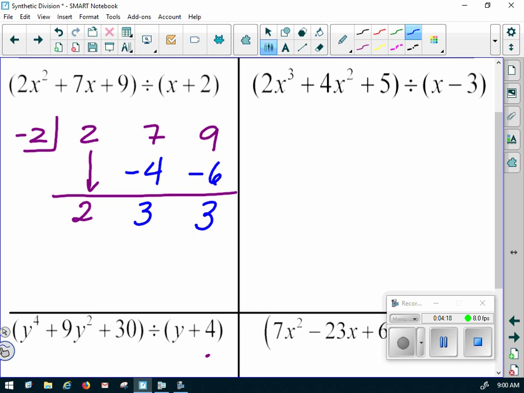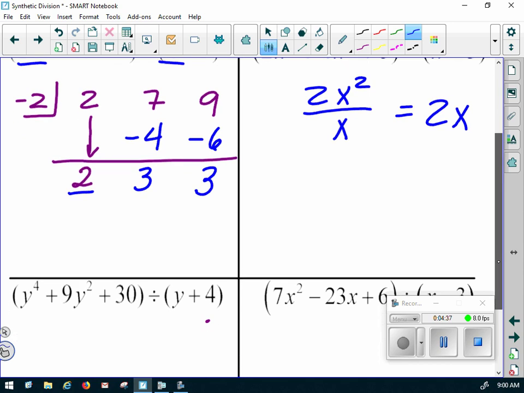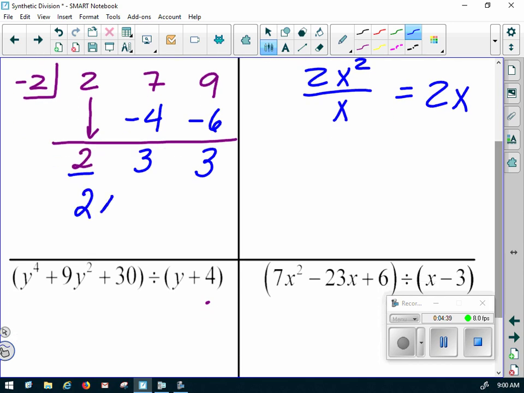Let's talk about what our answer means. We did 2x squared divided by x. What does that give you? 2x. So this is the coefficient of x, because this is 2x. So our answer here is 2x plus 3.